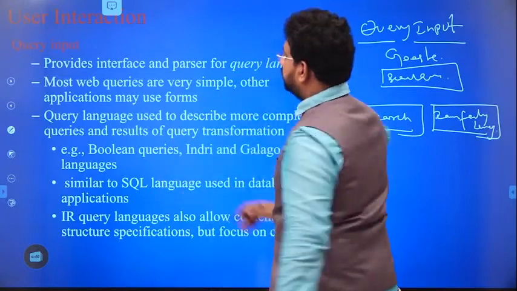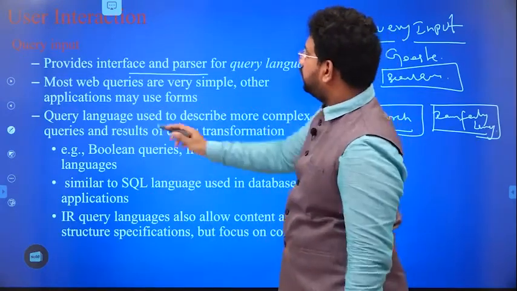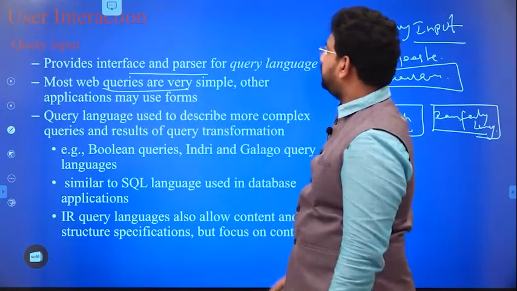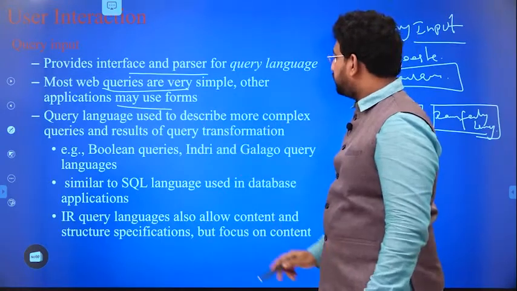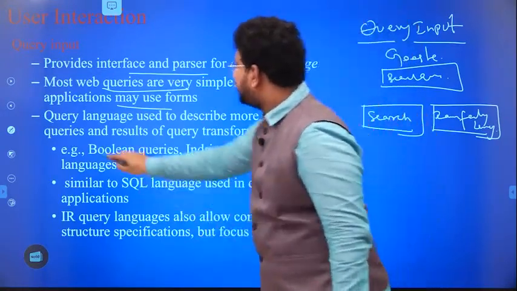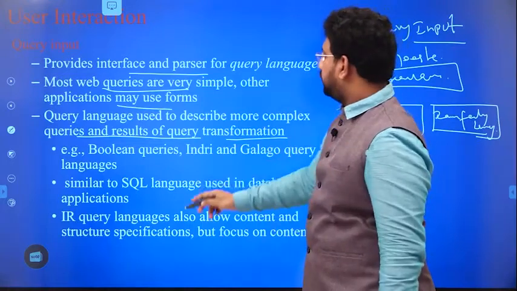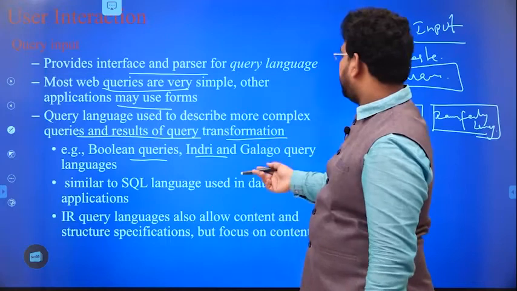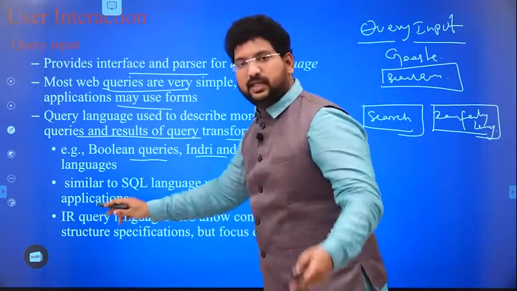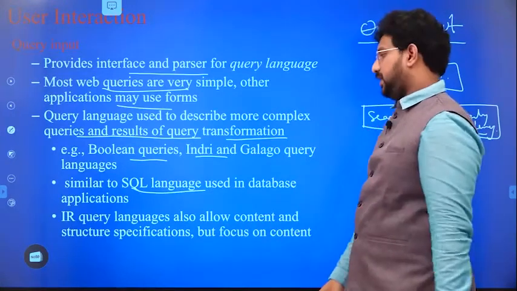The query input provides the interfaces and pass for the query language. Most web queries are very simple. Other applications may use different forms. So the query language is used to describe more complex queries, and results of the query transformation. There may be different Boolean queries and different languages, similar to the SQL language used in database applications.